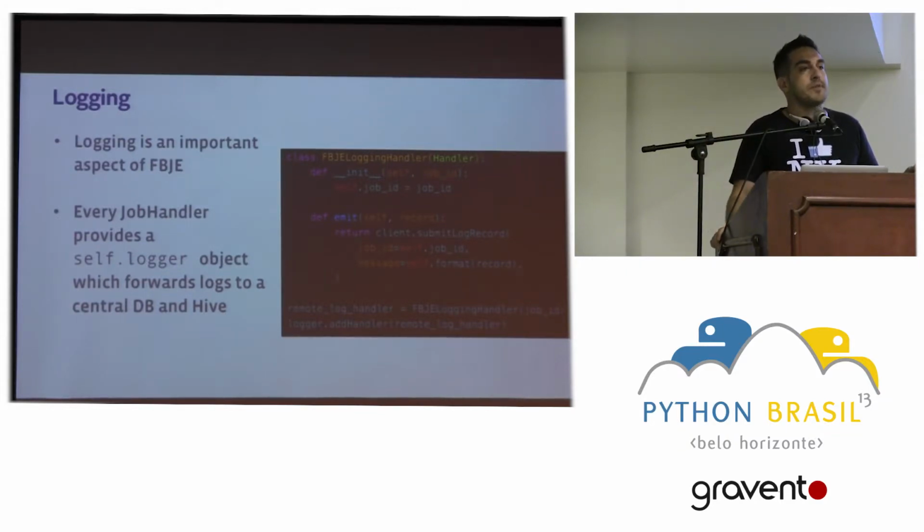For that purpose, we have built a custom logger, and we attach it in every job. So if you're in a job handler and our users log any message, this message is logged in console, of course, but without them knowing, we're also storing this information in a database and in Hive and in a bunch of other different types of storages.